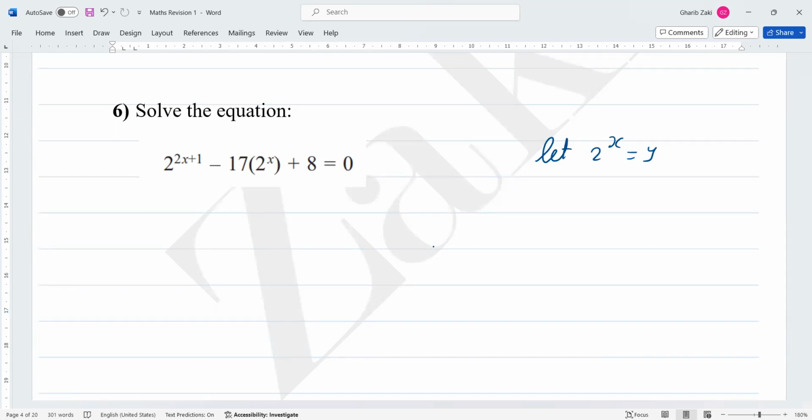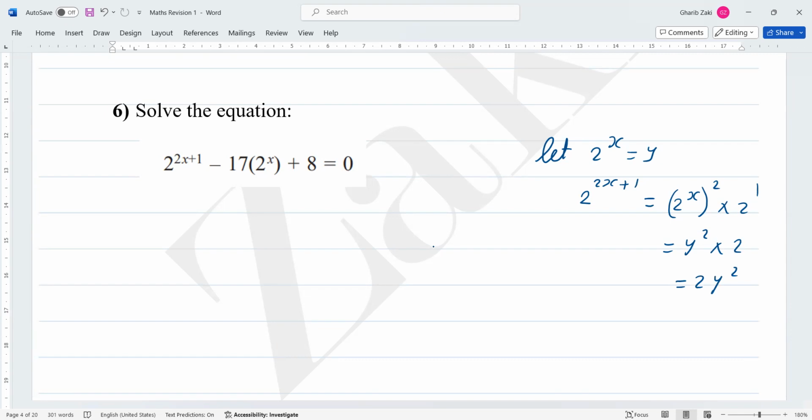What about 2 power 2x plus 1? It's 2 power x all squared, multiply 2 power 1. 2 power x is y, so it's y squared. Multiply 2 power 1, so it's 2y squared.